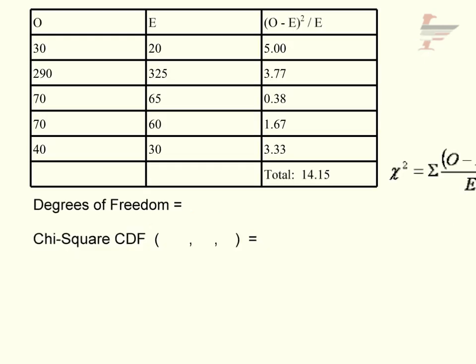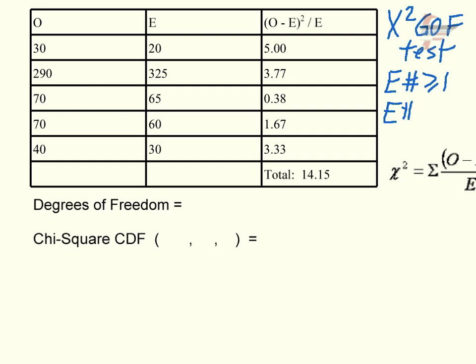In step number 2 of the inference procedure, we want to check the conditions for carrying out the chi-square goodness of fit test. And those conditions are that our expected numbers are at least 1, all of them, and these expected numbers also should be at least 5, or most of them should be at least 5.